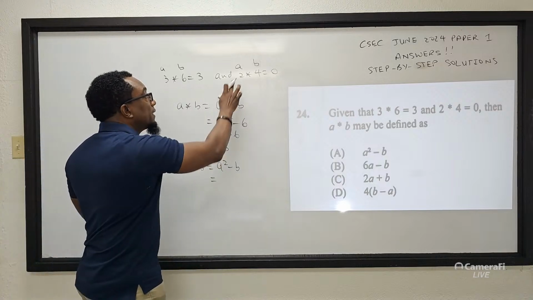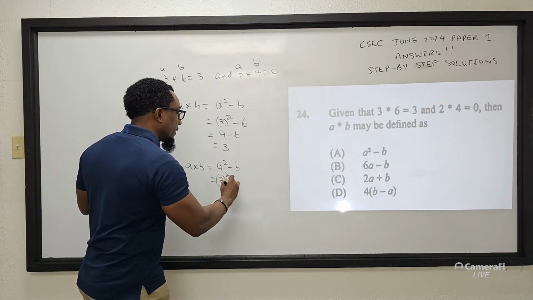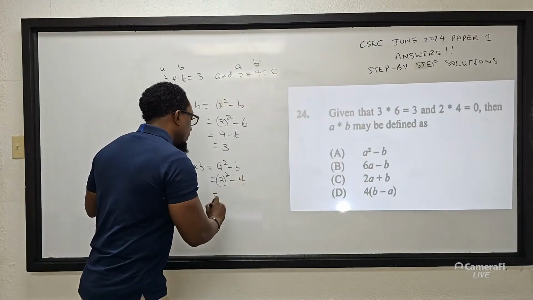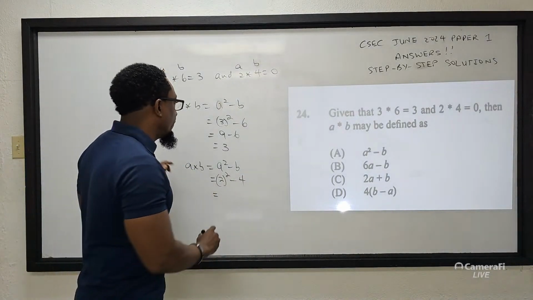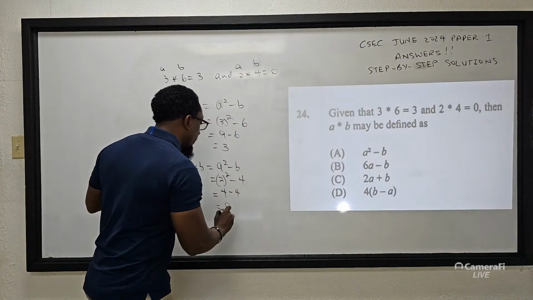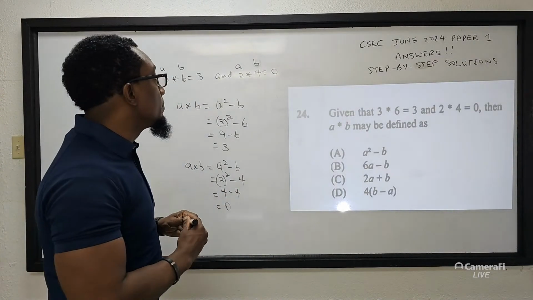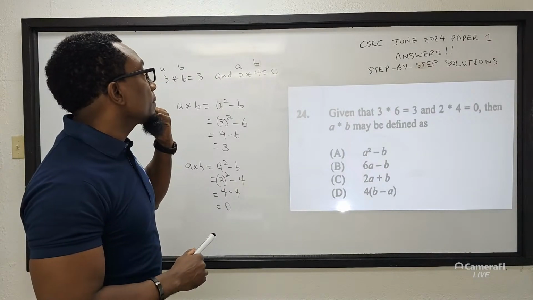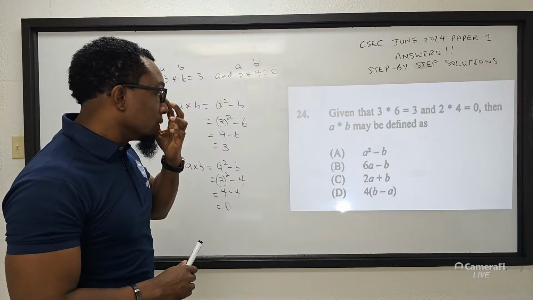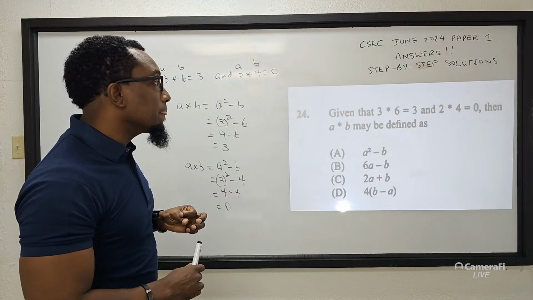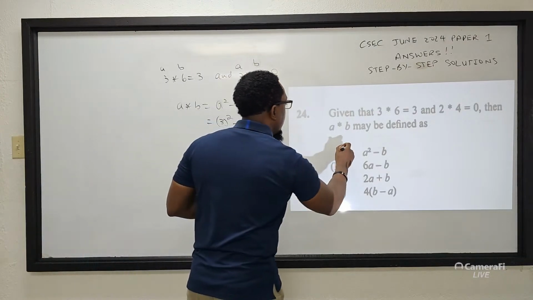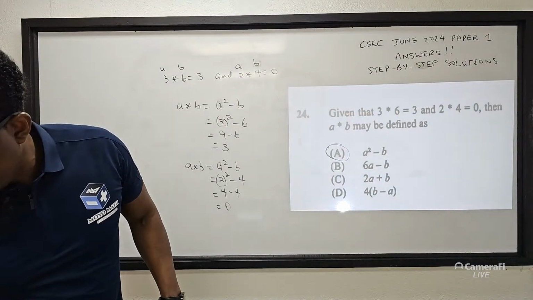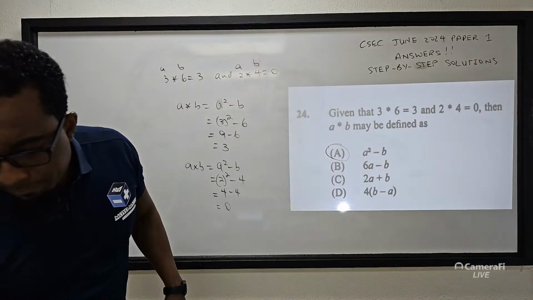So I'm replacing A with 2 in brackets squared, subtract, replacing B with 4. 2 squared is 2 by 2, which is 4. 4 minus 4 gives 0. Yes, so A squared minus B works for both 3 asterisk 6 equal to 3 and 2 asterisk 4 equal to 0. So it means certainly that our answer will be E. 24E. So let's move on to 25.